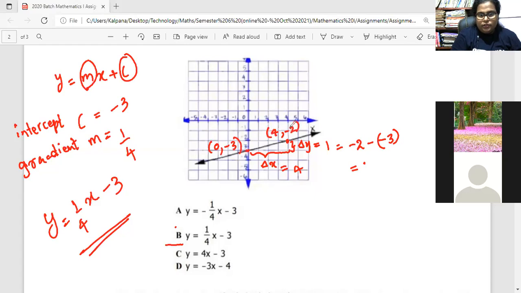So you take the difference between these 2 points as -2 -3, and for x you take 4 -0. That's how we take delta x and delta y here.